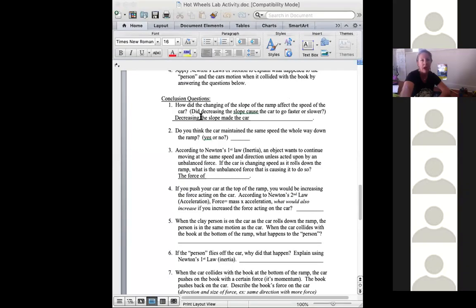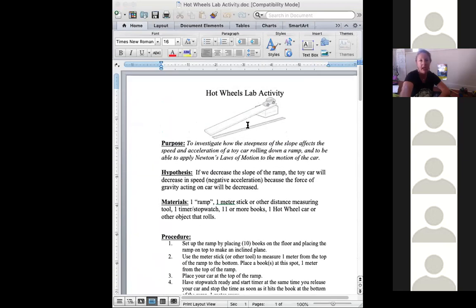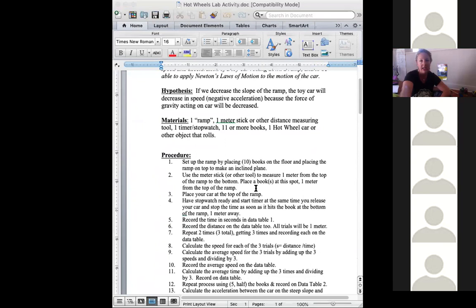There are 3 pages to this, but the first page is about the lab activity, our purpose, our hypothesis, what materials we're going to need, and our step-by-step procedure. We're going to go over this in a second.